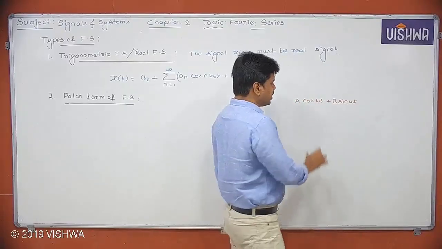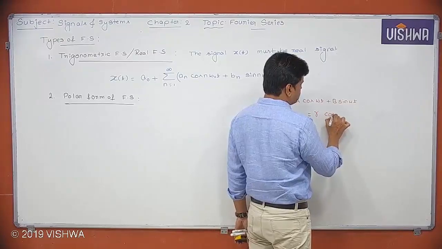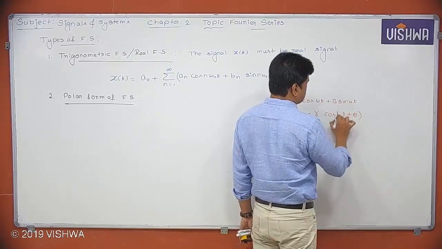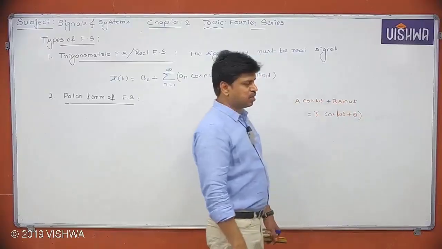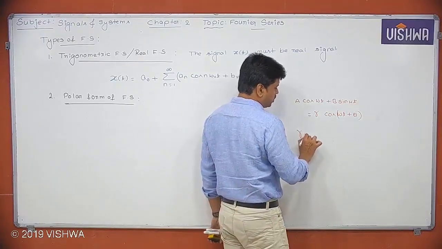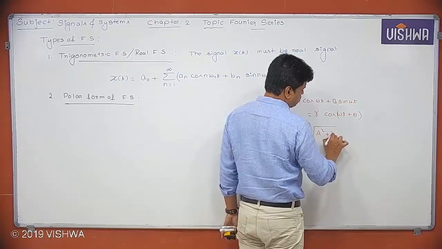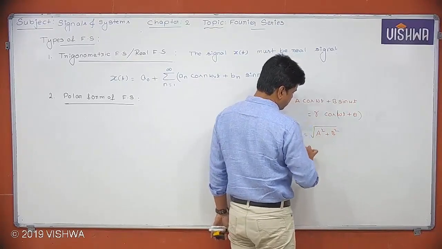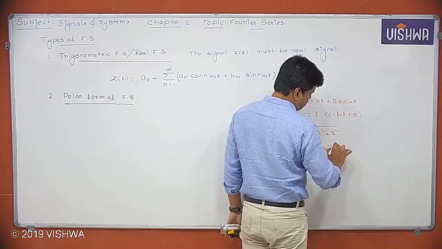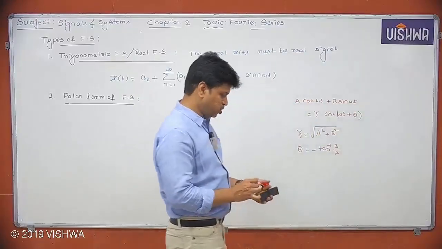This expression can be written as R cos of omega t plus theta. What is the R value here? Root of A square plus B square. What is the theta value here? Minus tan inverse B by A. I hope you understood.